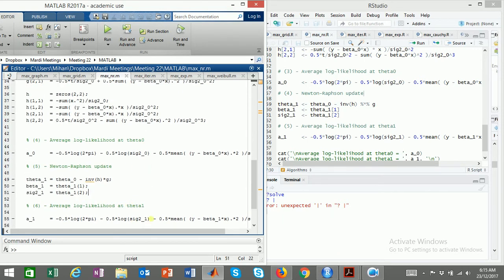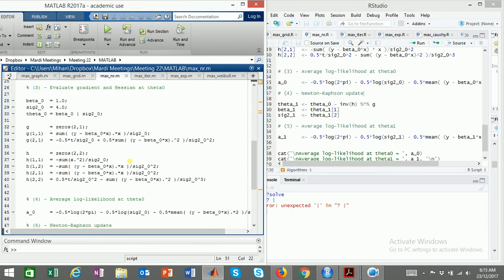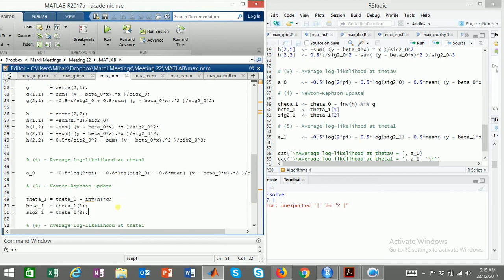How? This is the Newton-Raphson update, because we are simply dividing with the gradient. You see, the Hessian is being divided with the gradient. Dimension is being controlled. Out of 4 we are getting 2.